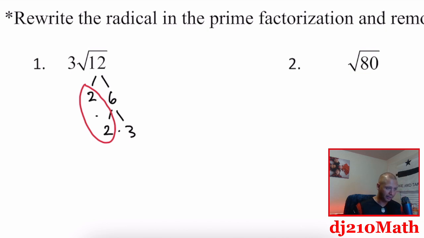Now, the 2's can come out of the square root as a single 2. Anything that's a pair can come out as a single number outside in front of the square root. And it has to multiply by whatever's in front of the square root.